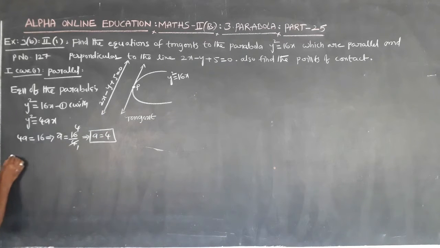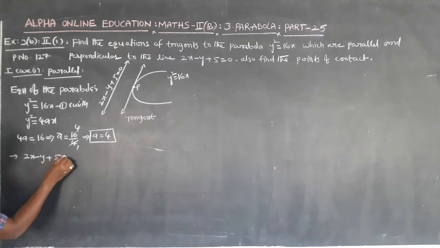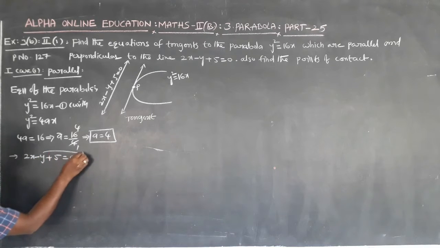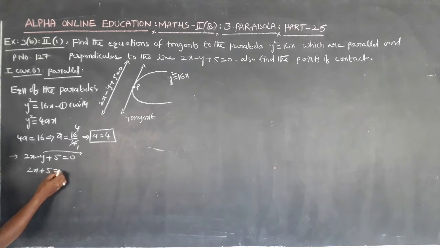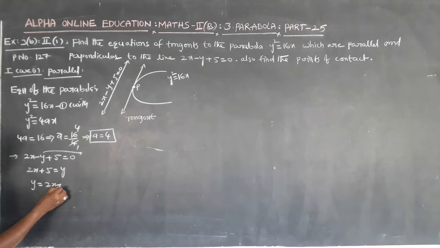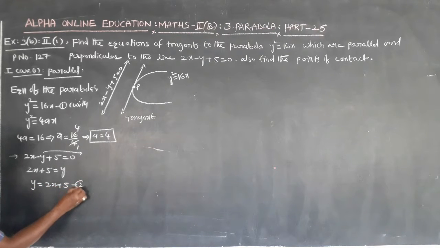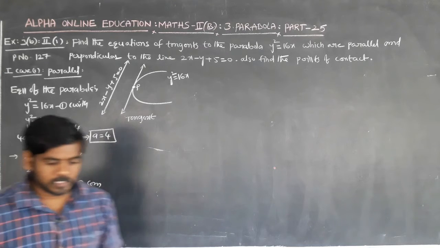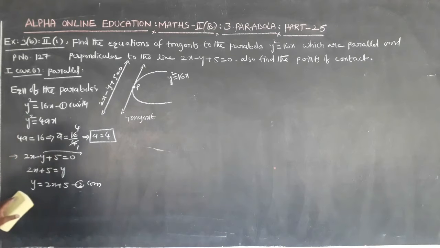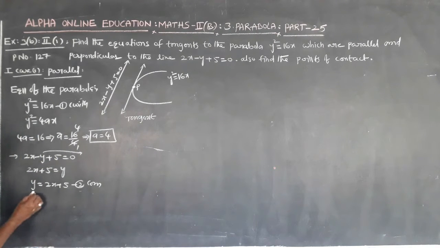Here the equation of the straight line is 2x minus y plus 5 is equal to 0. Taking y to the right side, 2x plus 5 is equal to y, which means y is equal to 2x plus 5. Comparing with y is equal to mx plus c, we find the slope of the line.